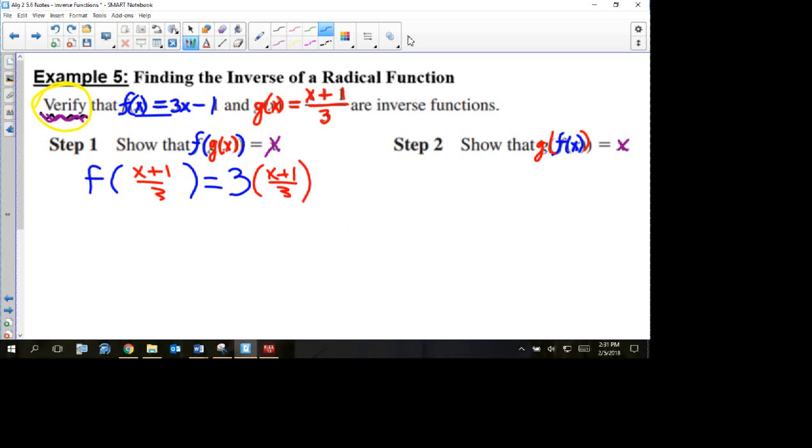And then finally, to finish out that f function, I have minus 1. So I just took this entire f function and copied it, but instead of x, I put the g function. Now you're going to do nothing. Don't touch this side over here. Do nothing over there. On the other side, we're going to simplify.